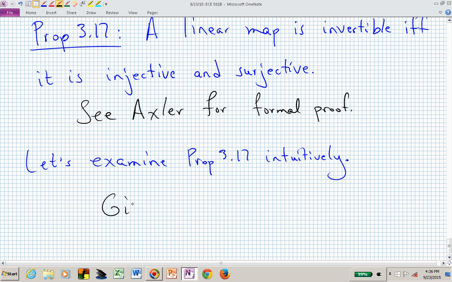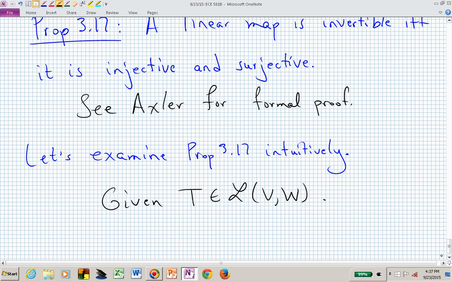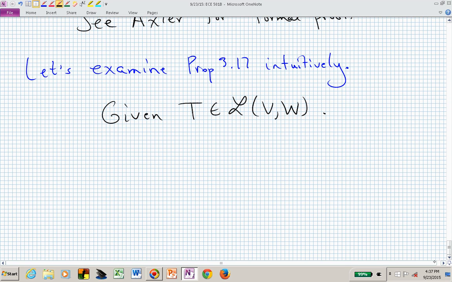Suppose that we're given a linear map, T, that's mapping from V to W. Suppose T is not injective.